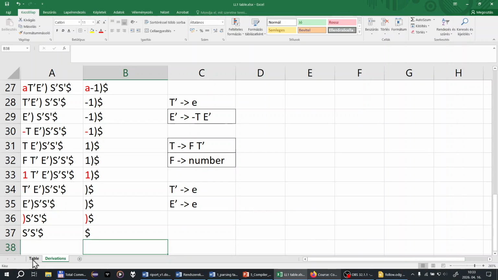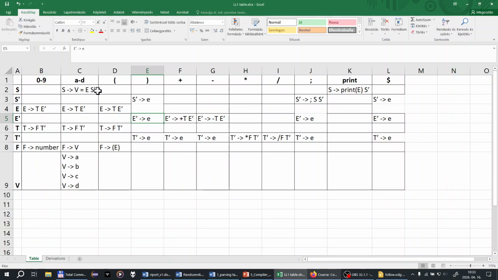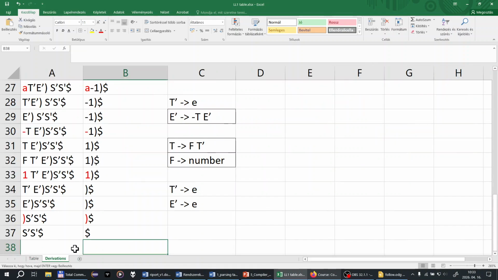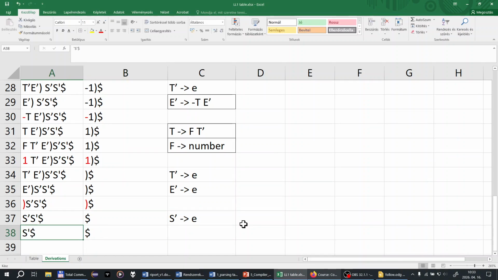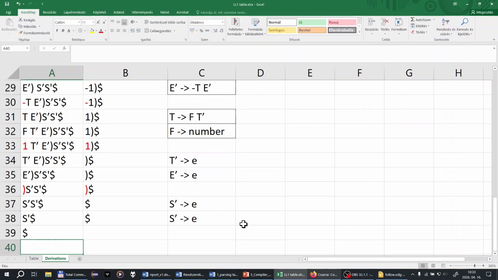And for the S prime and dollar sign, we have S prime to E. So finally we have two dollar signs and both are eliminated, and that's it.